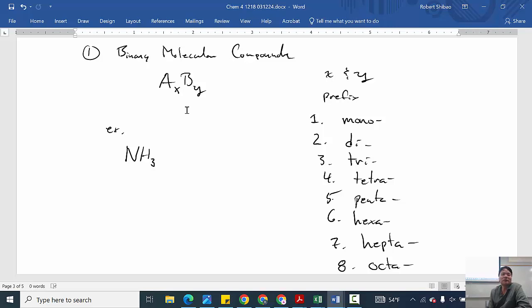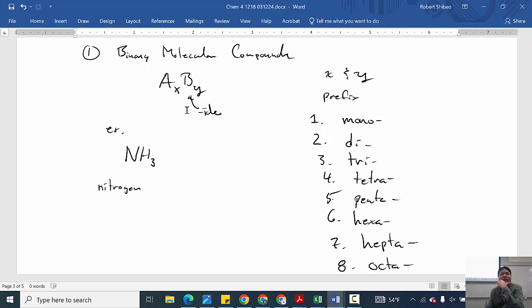What's this called? NH3. Well, is this a binary molecular compound? Yes. So what we'd call it is element A just gets its normal name. So we'd call this nitrogen. And element B, we change the ending to "ide."